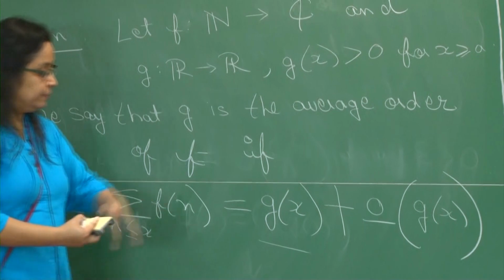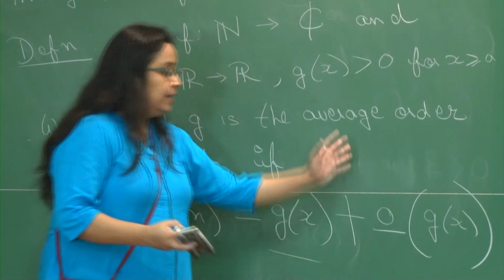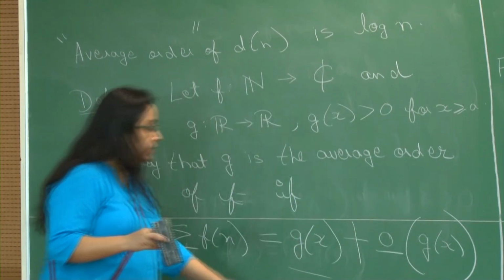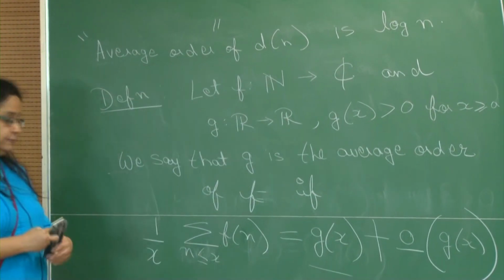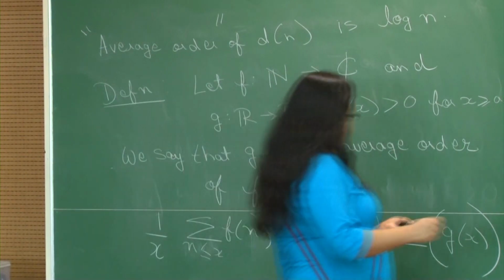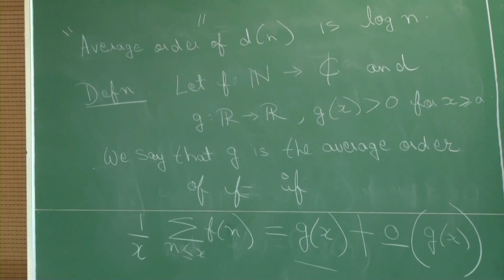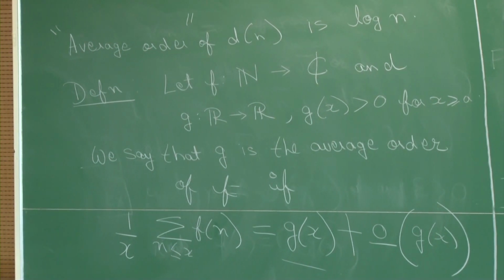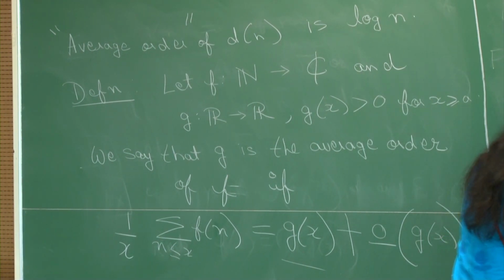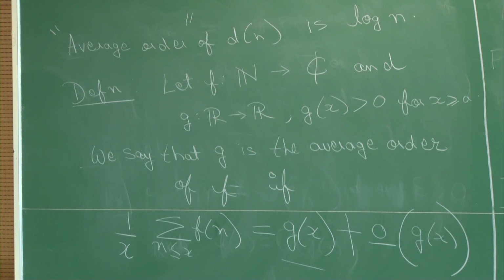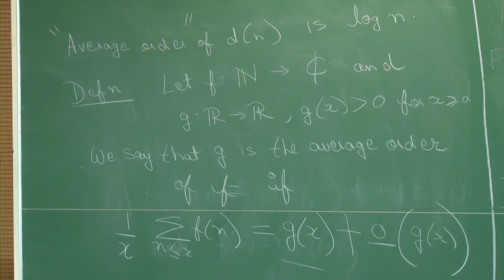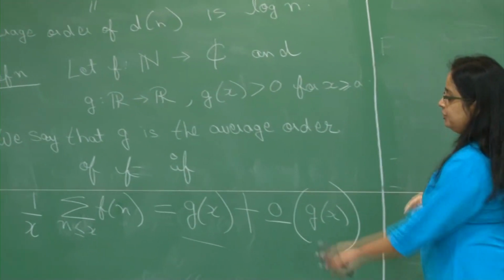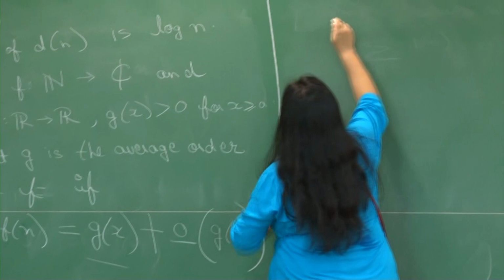So, the function g of x plus an error term which is of a much smaller order than the main term itself. In this situation we say that g is the average order of f, and in particular we just saw that log n is the average order of d of n.